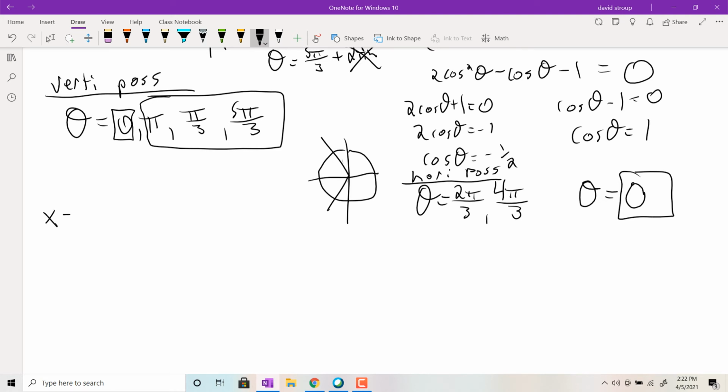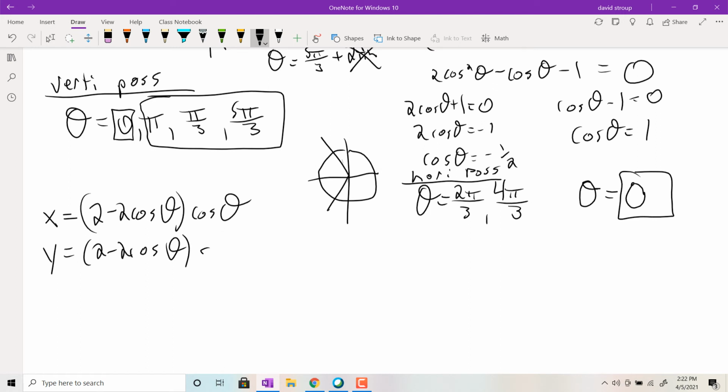So our x formula, again, I've already forgotten the x formula. It was r is 2 minus 2 cosine theta times cosine theta. And then let's get the y formula as well. So that would be 2 minus 2 cosine theta times sine theta.